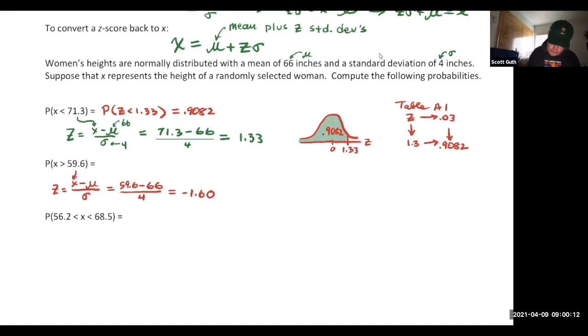Okay, now this one is z greater than negative 1.6. Now you have to remind yourself the table doesn't do greater thans, it only does less thans. So you have to do the rule of complements here. Technically, what's happening is you're doing 1 minus the probability that z is less than negative 1.6.